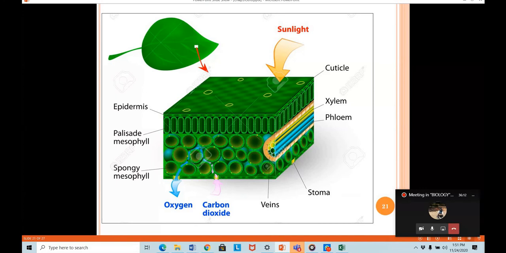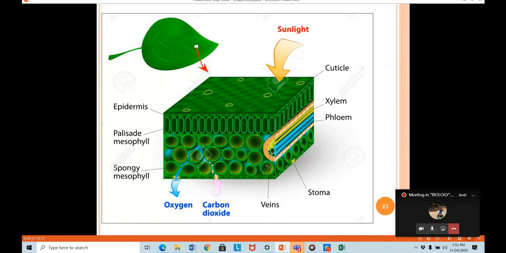No, they are not the outer layer. They are present inside the plant, so you cannot see them from outside. They perform their function inside. They are connected from the inside, like tubes connected to the entire plant. This tube runs from the leaves to the stems to the fruits to the roots, through the entire plant. Similarly, this tube also runs the same. The xylem and the phloem, both of them are inside the plant.